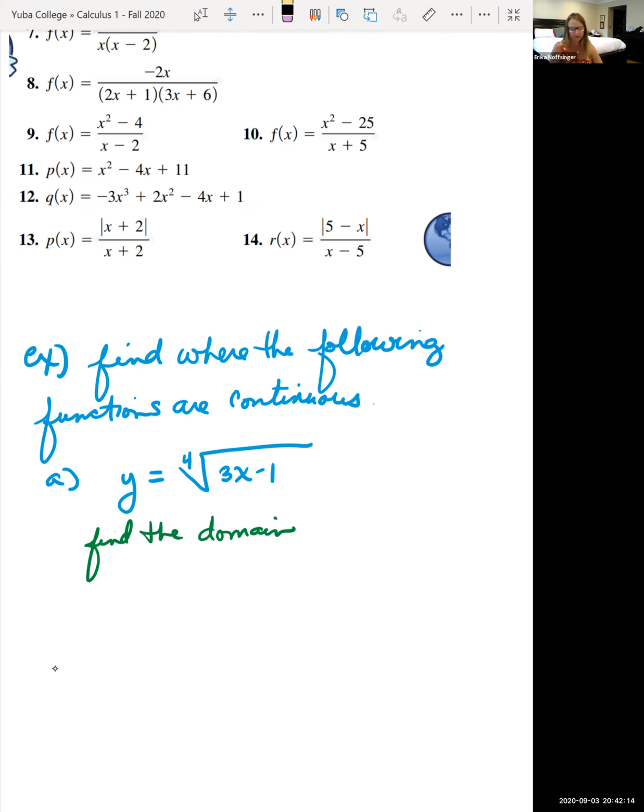When looking for the domain, I look for my trouble spots and exclude those. I'm going to have trouble spots if I have a radical where this index is even, which it is. So what's underneath my radical has to be, in this case, it can equal 0 because it's not in the denominator, so it can be greater than or equal to 0.